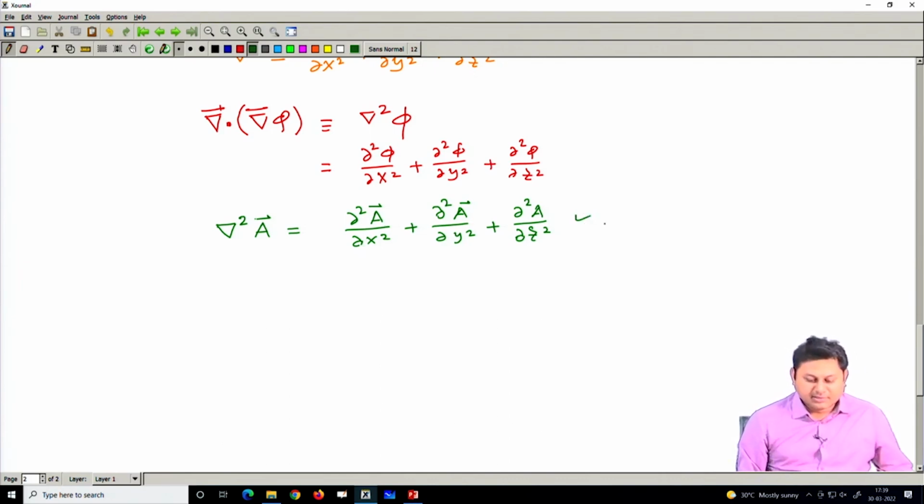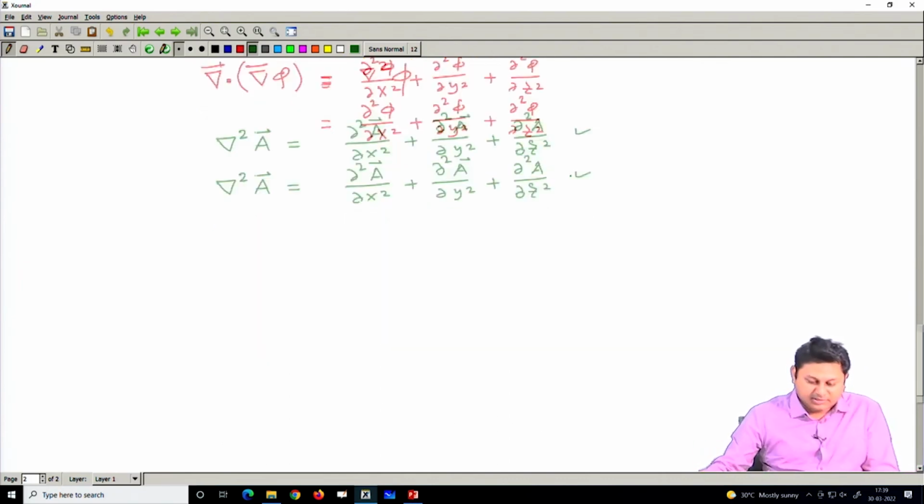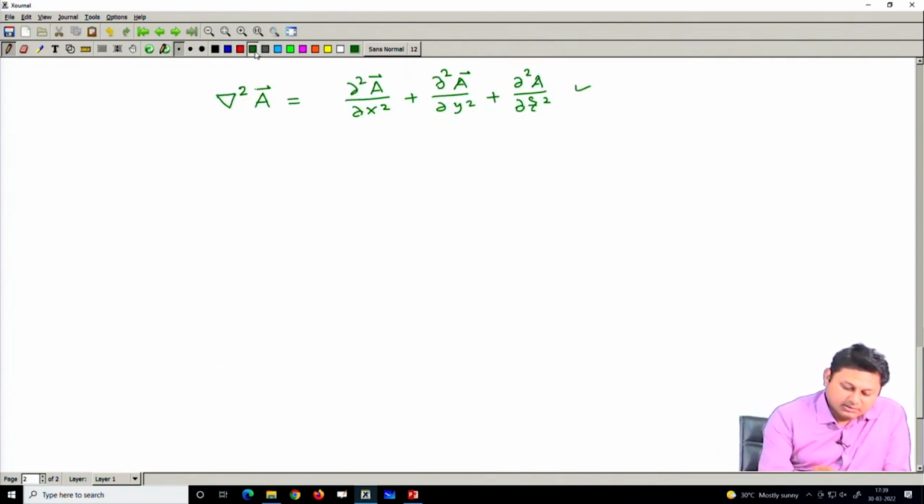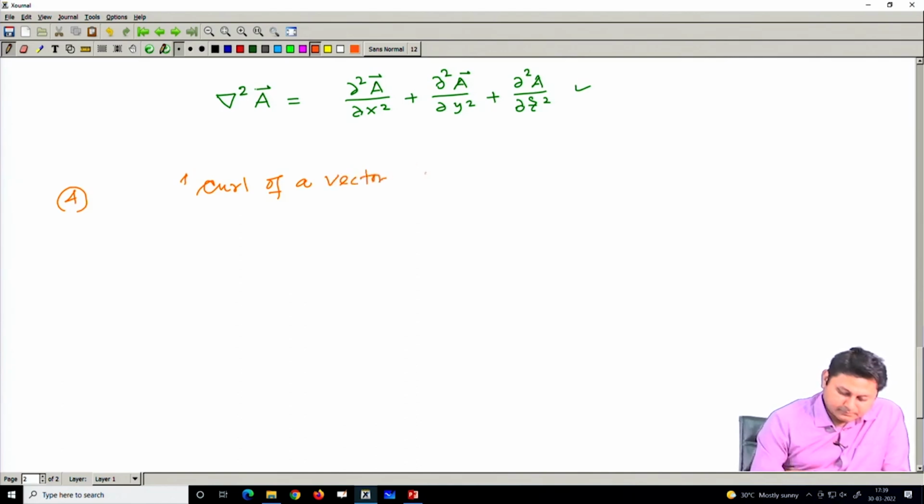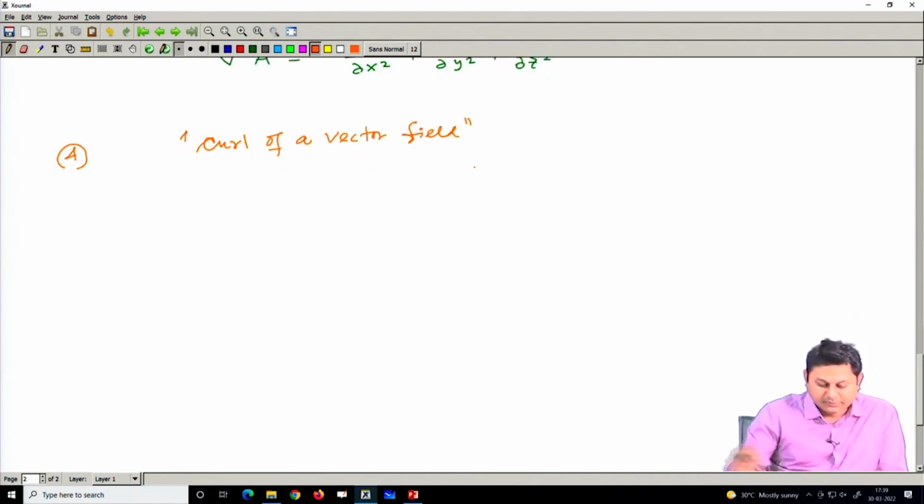Okay. So, the next thing we discussed was, this is the fourth point rather, the curl of a vector field.